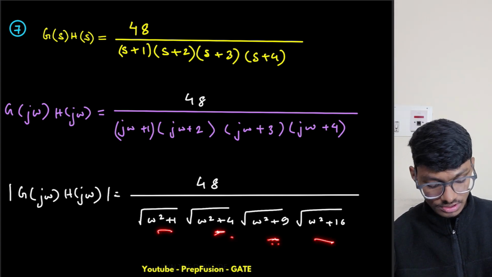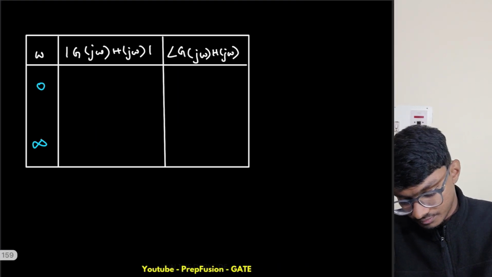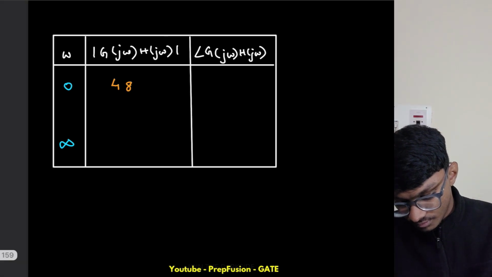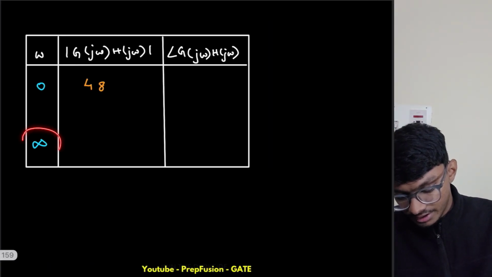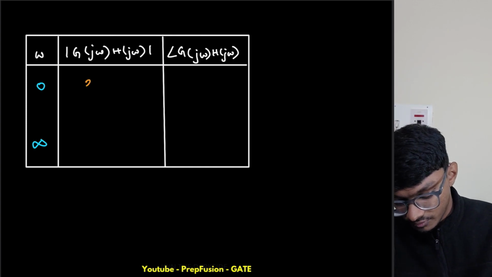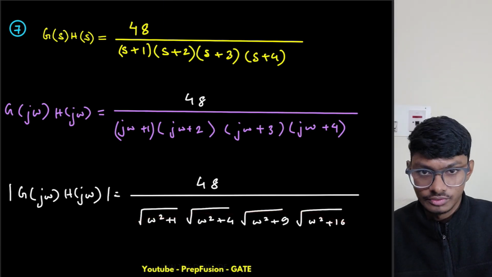So 2 times 3 is 6, times 4 is 24. 48 by 24 is 2. And at infinity the magnitude is 0, right?